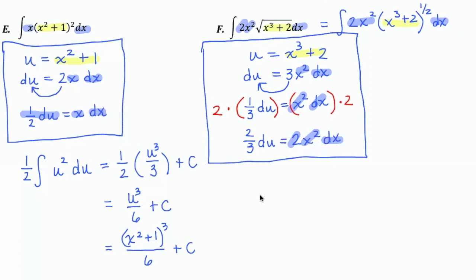All right, so it's time to write the equivalent u integral. So I start with the yellow. I'm going to have x cubed plus 2 be u to the 1/2 power.